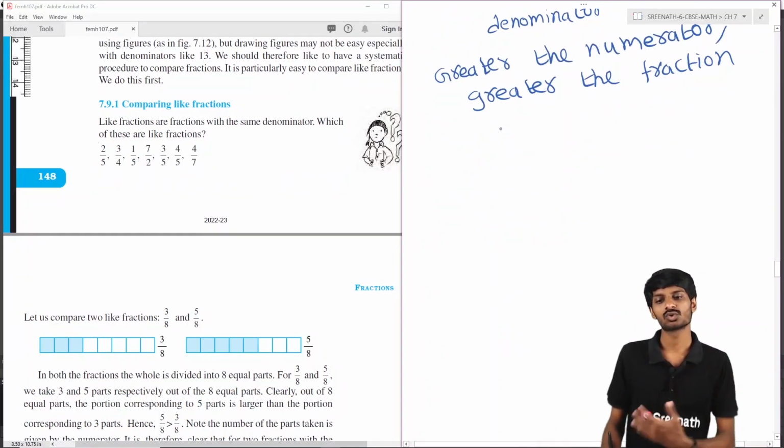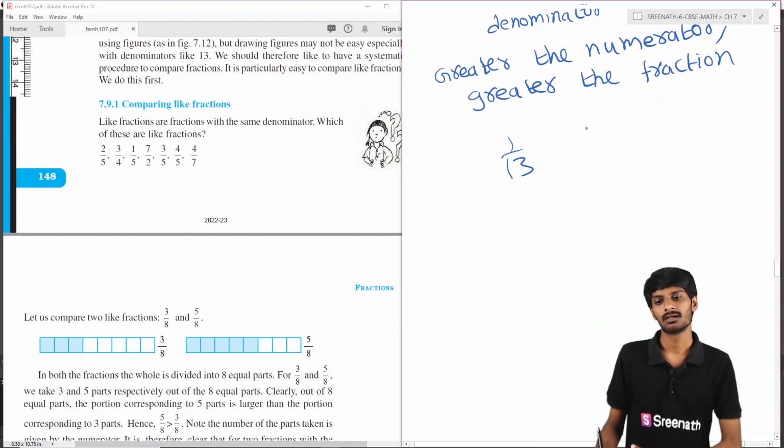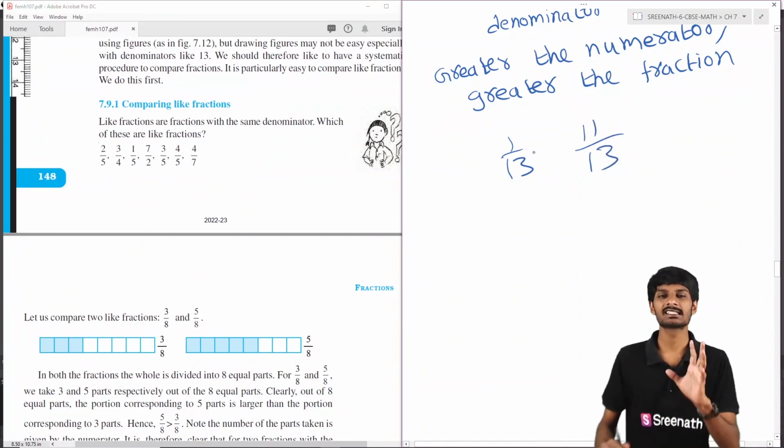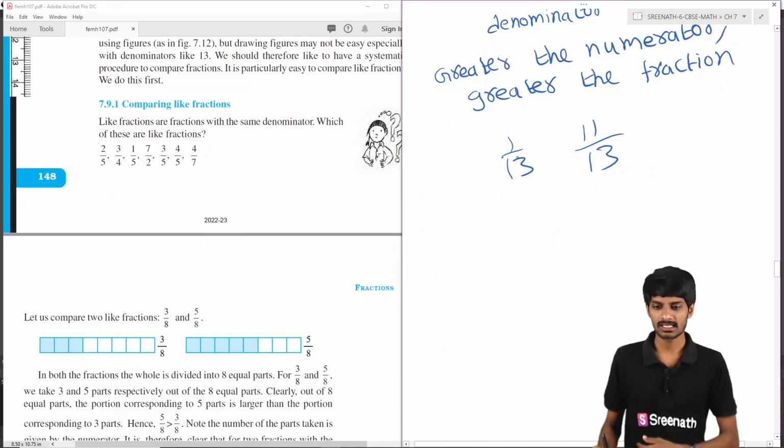You have to compare 1/13 and 11/13. So which is greater? If you observe carefully, the denominator is the same, so these are like fractions.